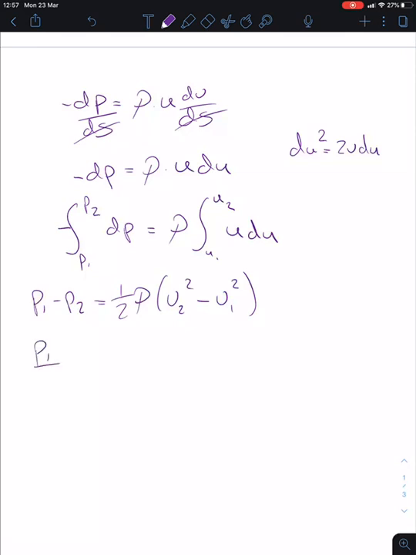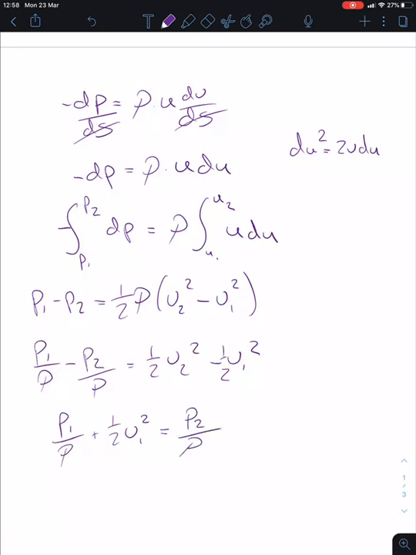We get P1 over density minus P2 over density equals a half U2 squared minus half U1 squared, and then we can bring the 1 and the 2 terms to the same side. So what we have is P1 over density plus half U1 squared equals P2 over density plus a half U2 squared.